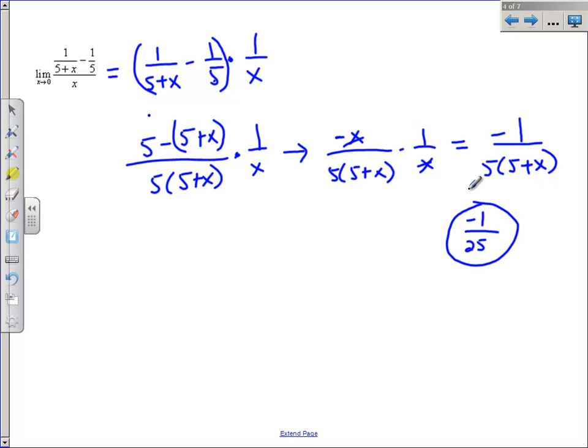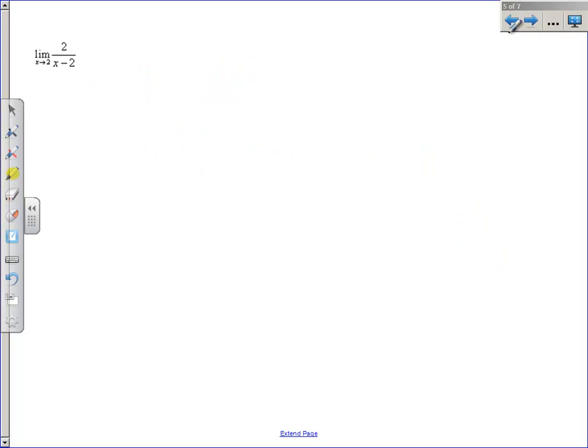So I wanted to give you another example of that. Whenever you plug a number in and you automatically get 0 on the bottom, but you do not get 0 on the top, this is not indeterminate. This is definitely a does not exist limit, because you are dealing with a vertical asymptote here, I guarantee you.